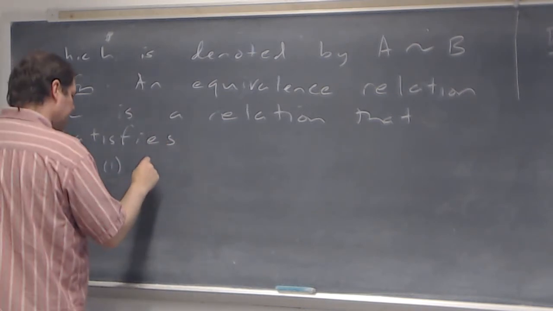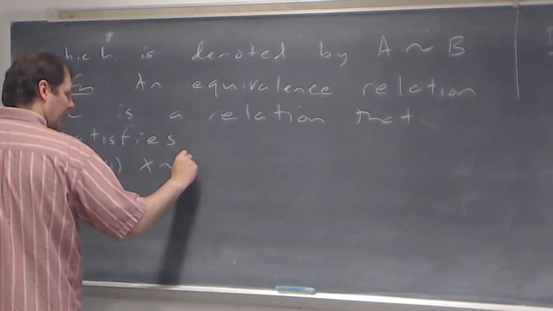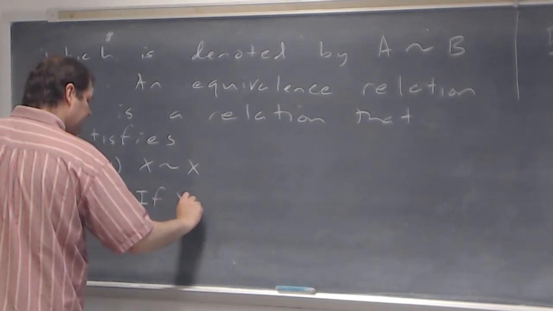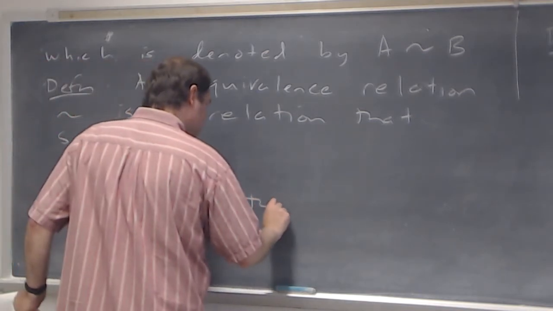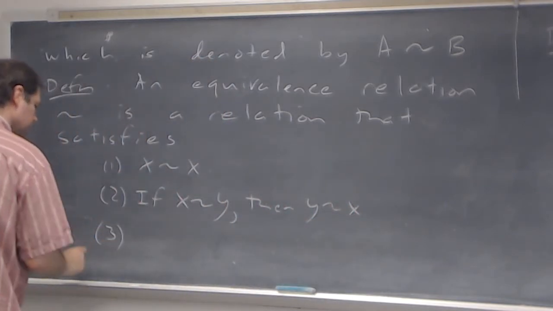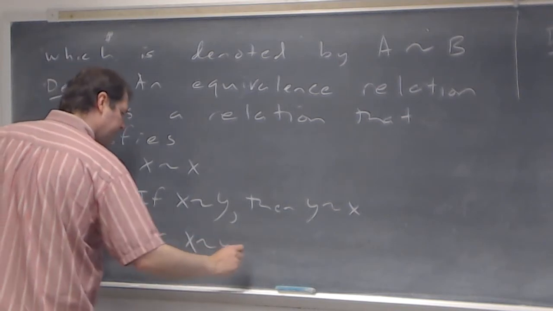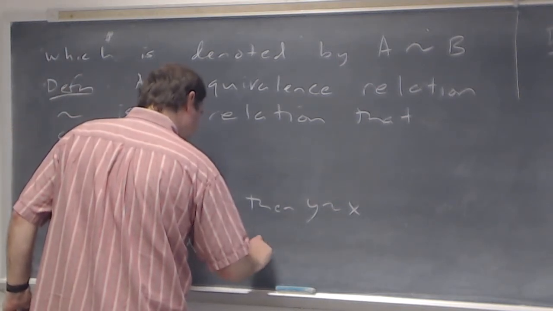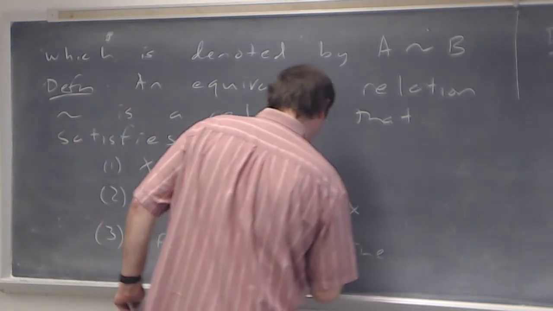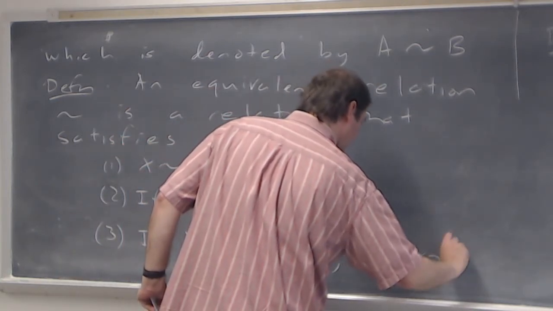One is that x is related to x. Two, if x is related to y, then y is related to x. And thirdly, if x is related to y and y is related to z, then x is related to z.